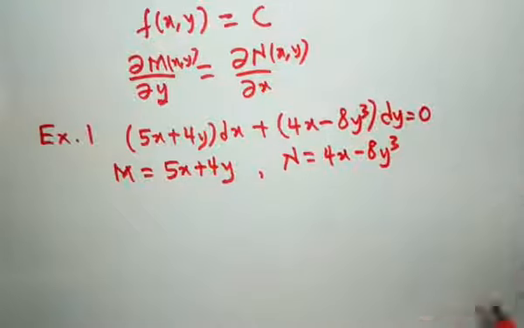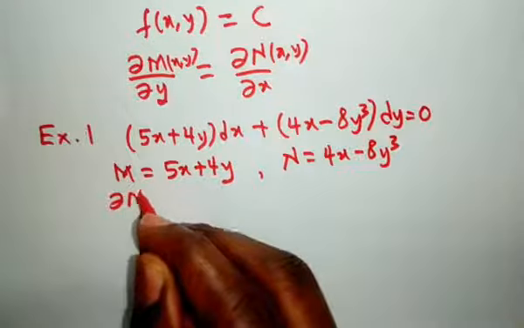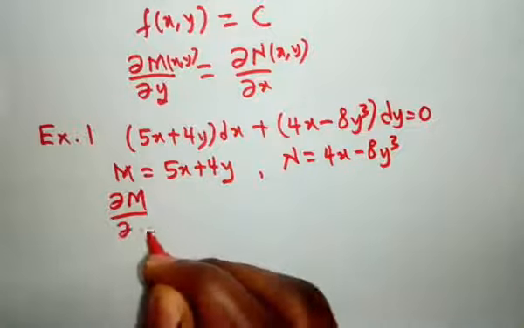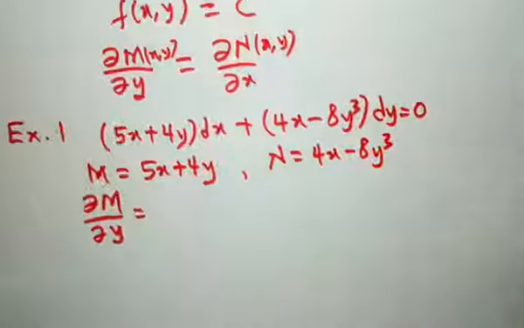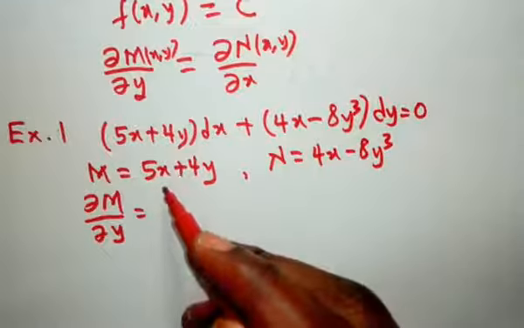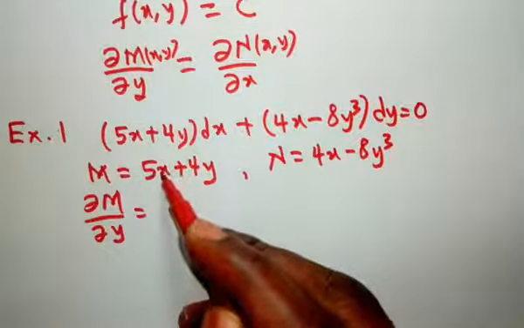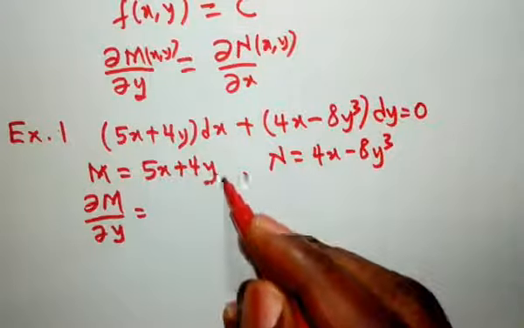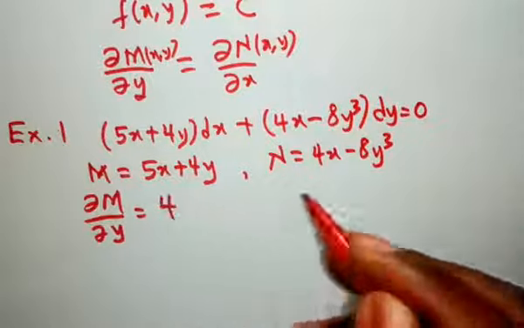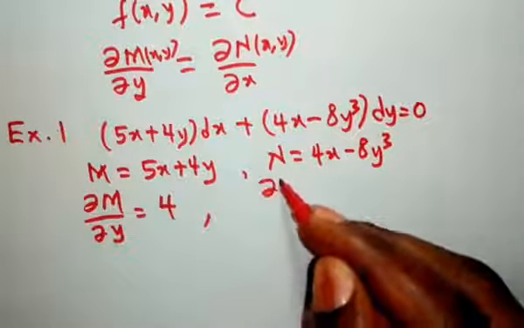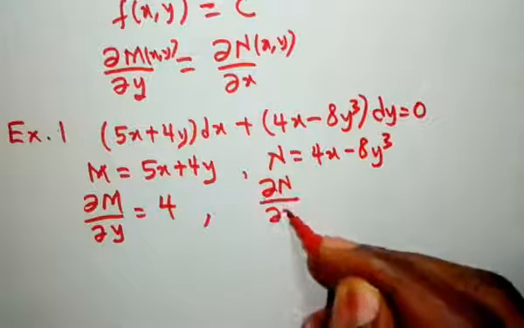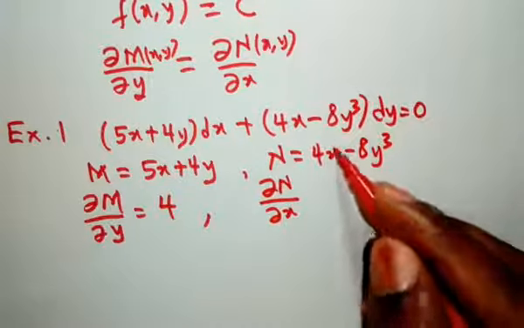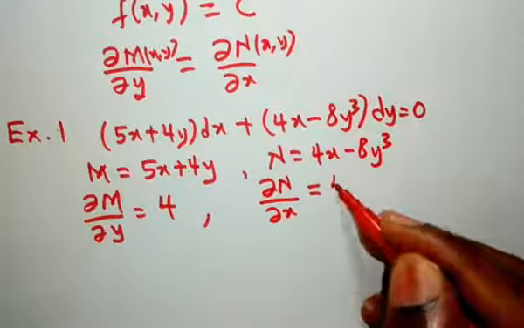So we have partial M, partial y. If we differentiate 5x with respect to y, this is a constant, so it becomes 0. Differentiating 4y with respect to y gives us 4. And then we differentiate N partially with respect to x. Differentiating 4x with respect to x gives 4.